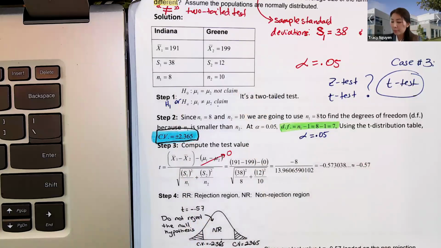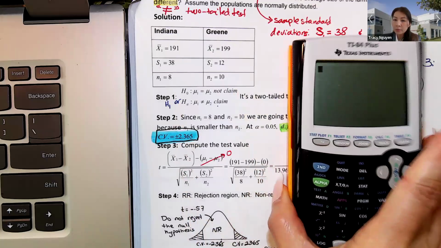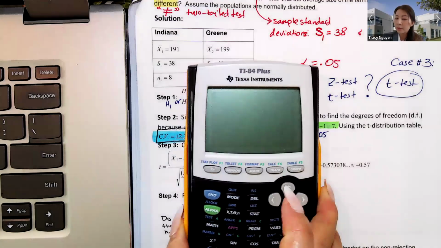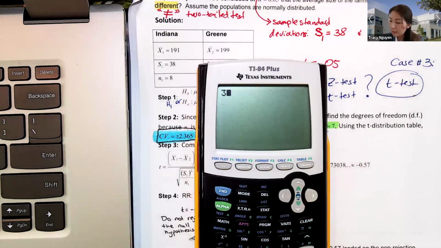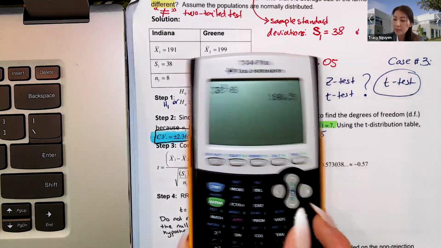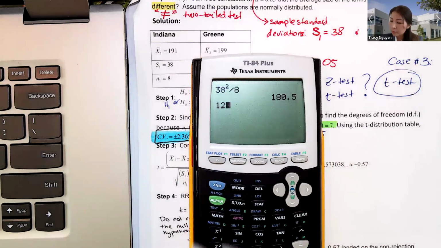So let me share my calculator to go over the computation with you here. We're going to do 38 squared over 8 plus 12 squared over 10. So 38 squared, dividing it by 8, I'm going to press enter. Next, I'm going to do 12 squared over 10.